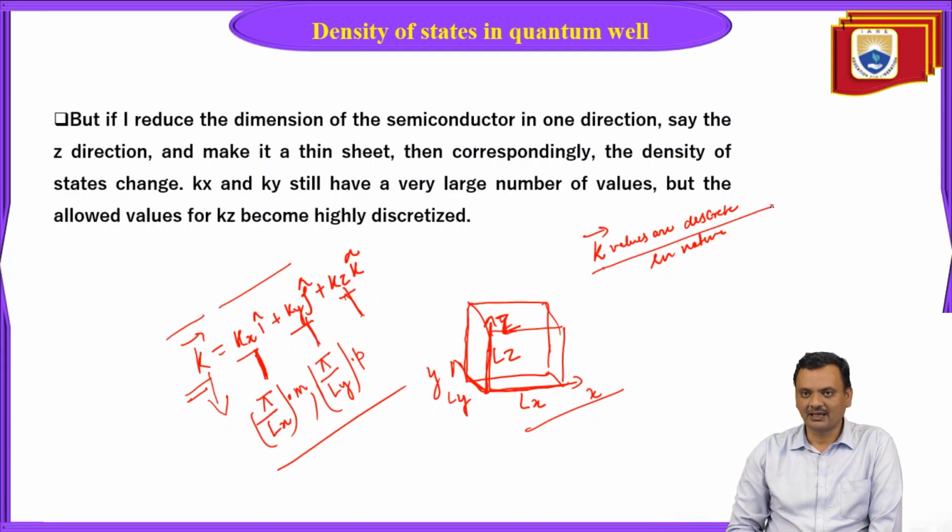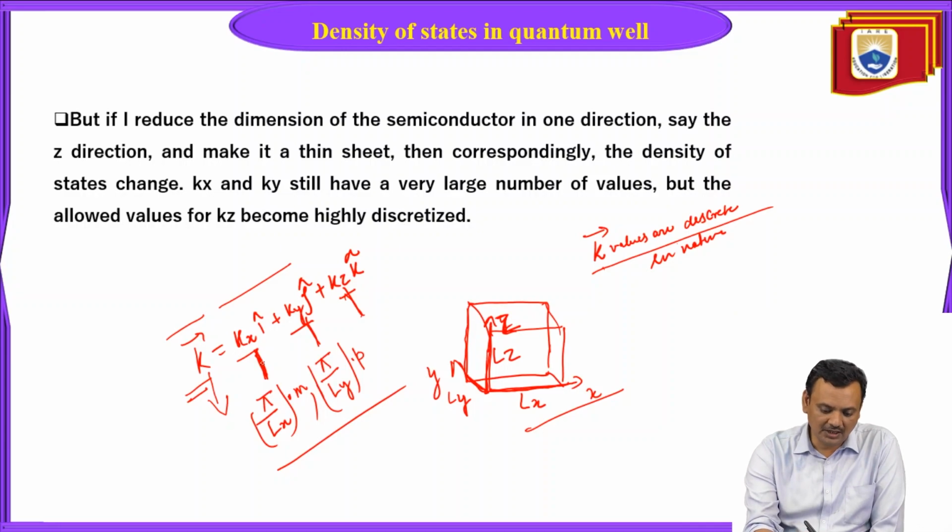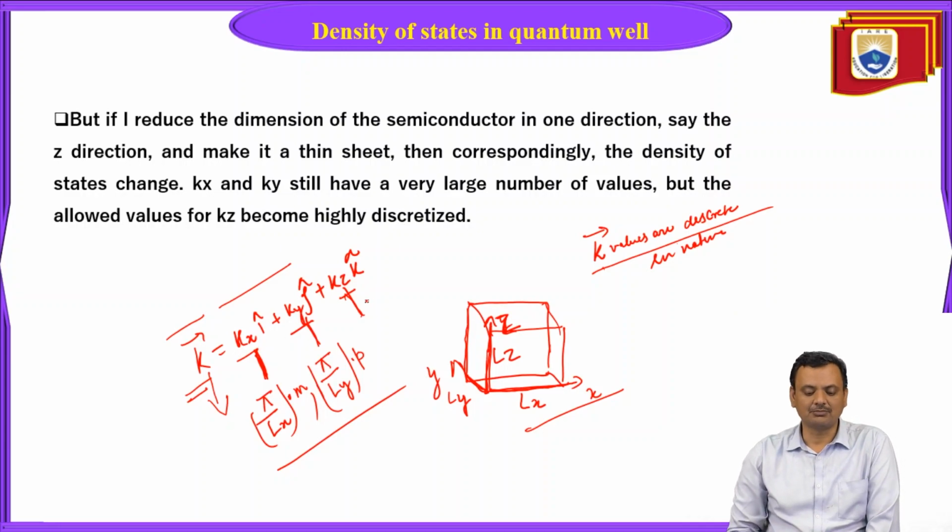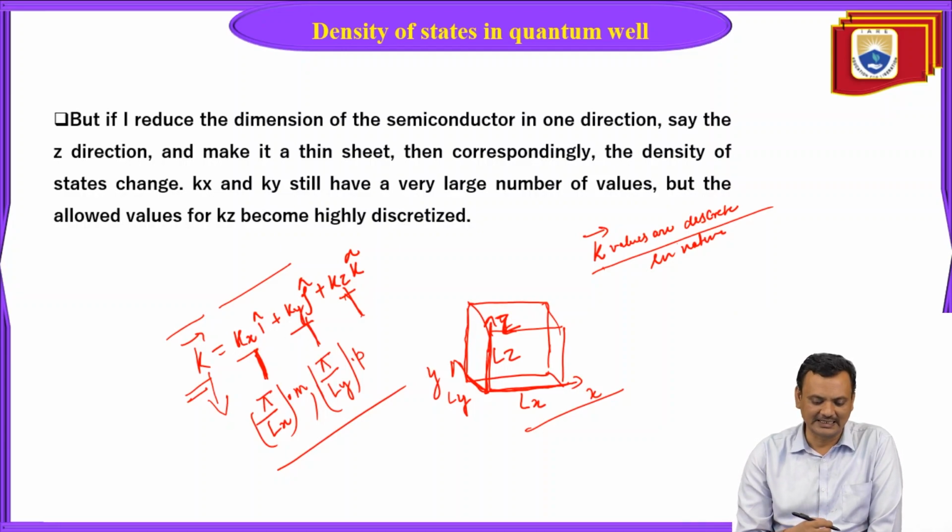The wave vector k has values which are discrete in nature, and if k is discrete in nature, the corresponding kx, ky, kz components will also be discrete.